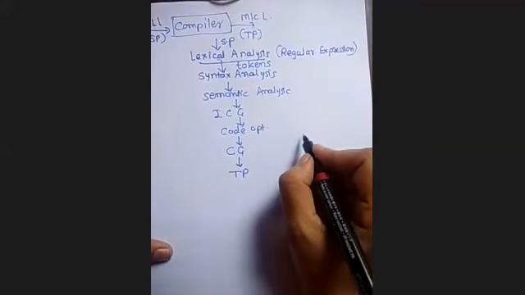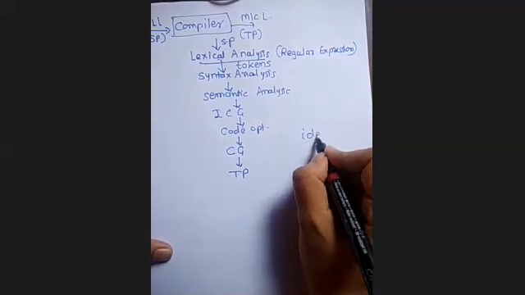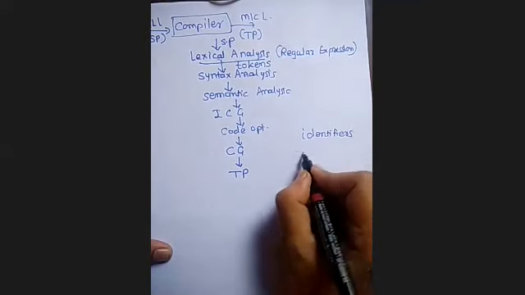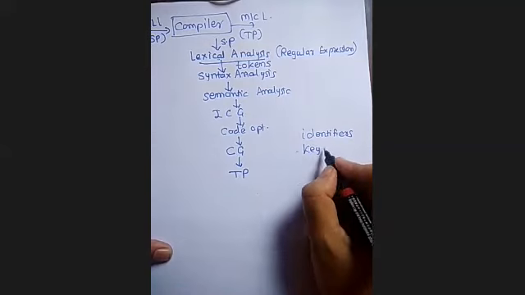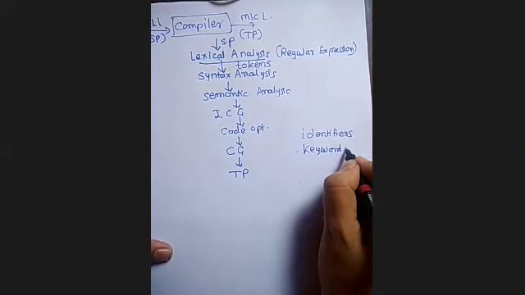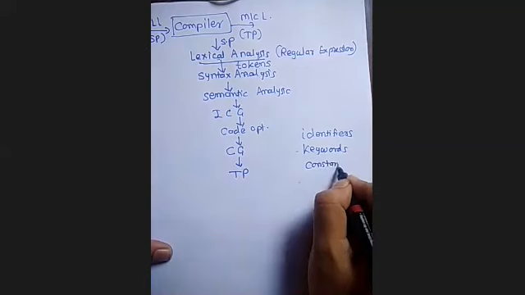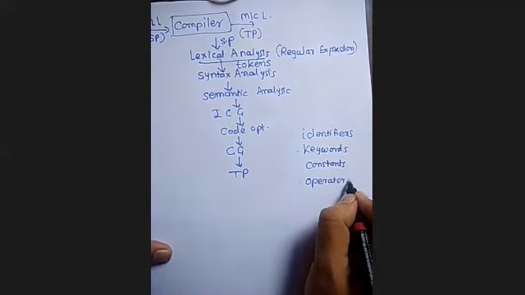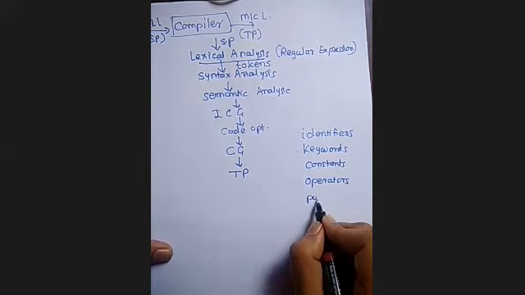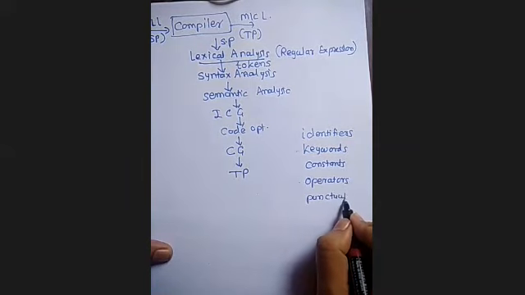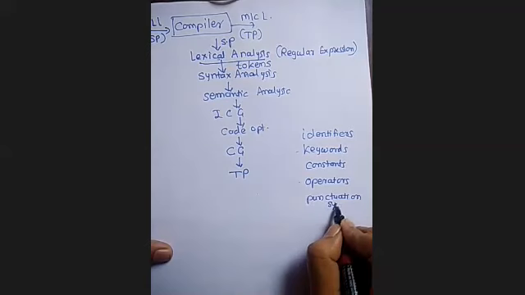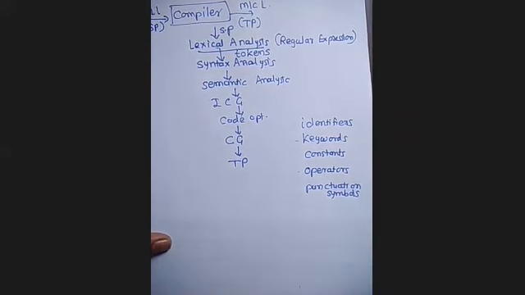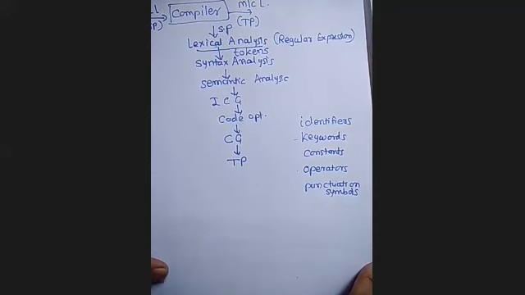In programming languages, the tokens can be identifiers, keywords, constants, operators, punctuation symbols, or a string, or a comment, but those things are ignored by the lexical analysis.